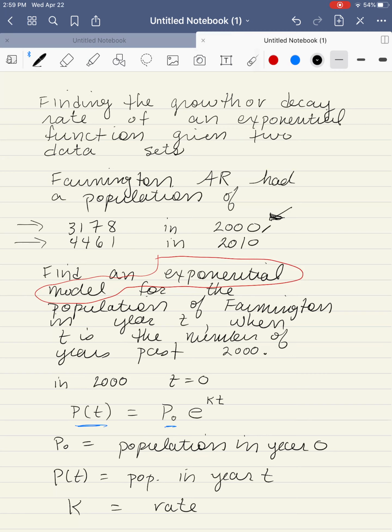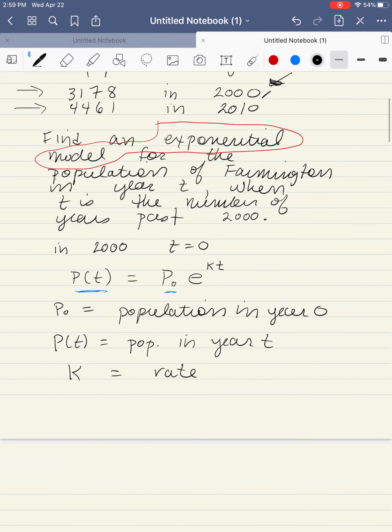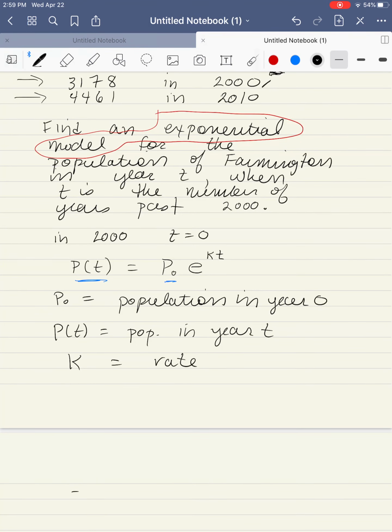K is my rate, and we see that we started with 3,178, and then after some time we had 4,461, which is a larger number. So K is going to be a growth rate in this case. If the numbers were decreasing, it would be a decay rate, and it would be a negative number.